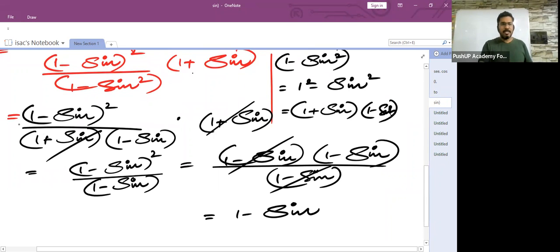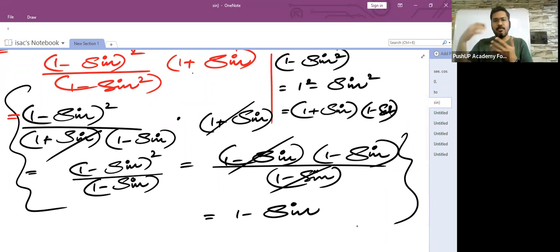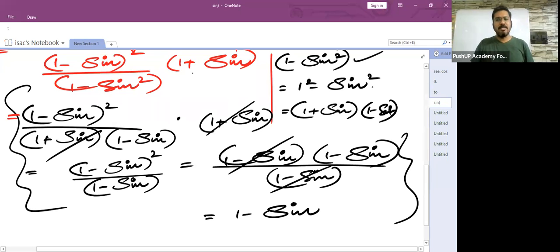Children, from this step onwards till the final step, it went a little lengthy. But if you are good with calculations and eliminations, you can even do it in your mind. Here I have to show you one after the other. 1 minus sine square is 1 square minus sine square, and that is 1 plus sine into 1 minus sine.